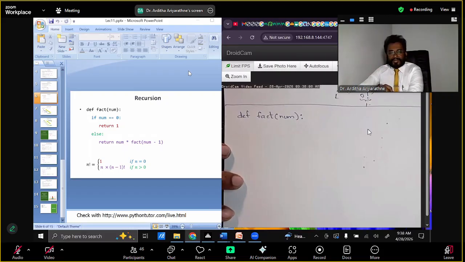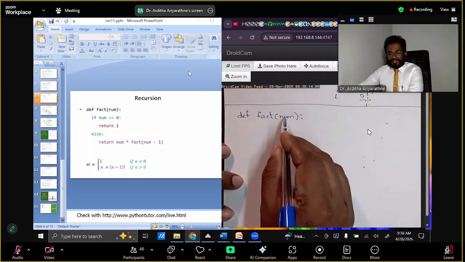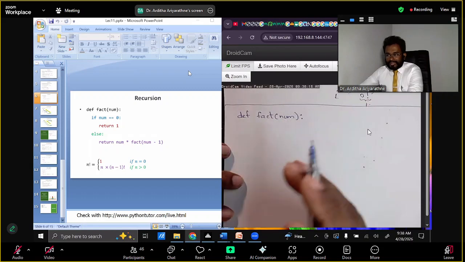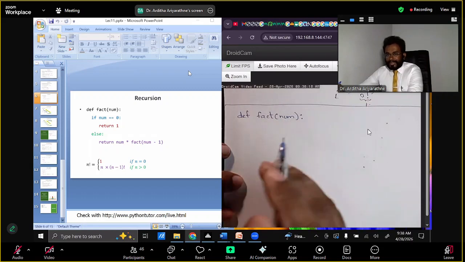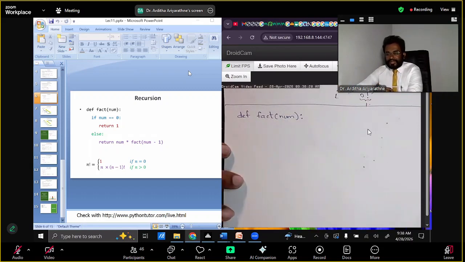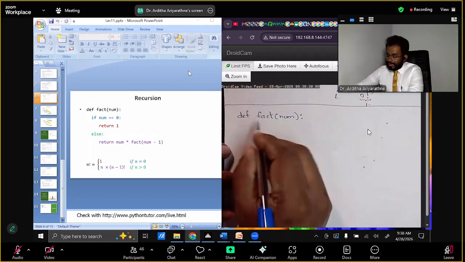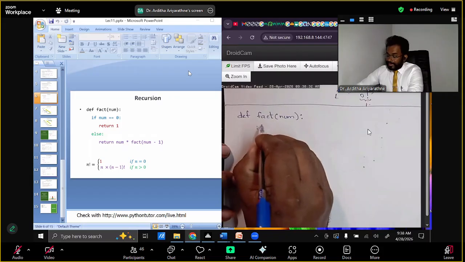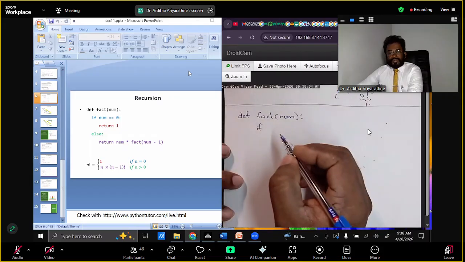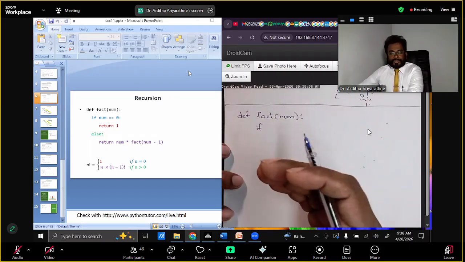We know the factorial. We can give any number for this, but once we reach the basic level, factorial 0 means our basic level. Once we reach the basic level, we have to stop. To do that, we have to prepare a condition.